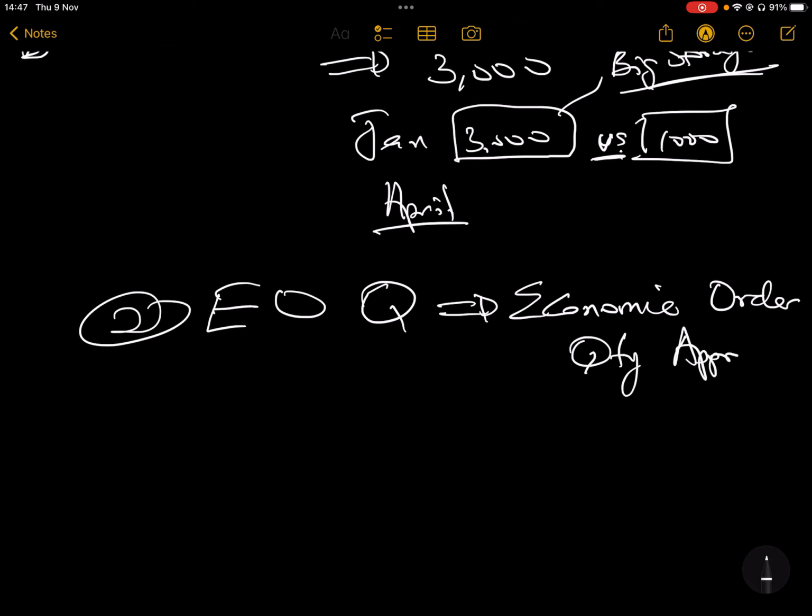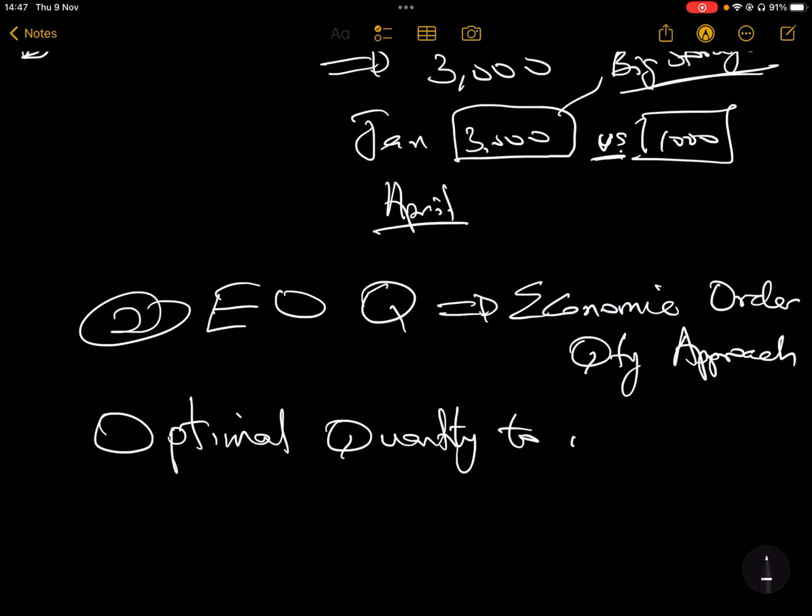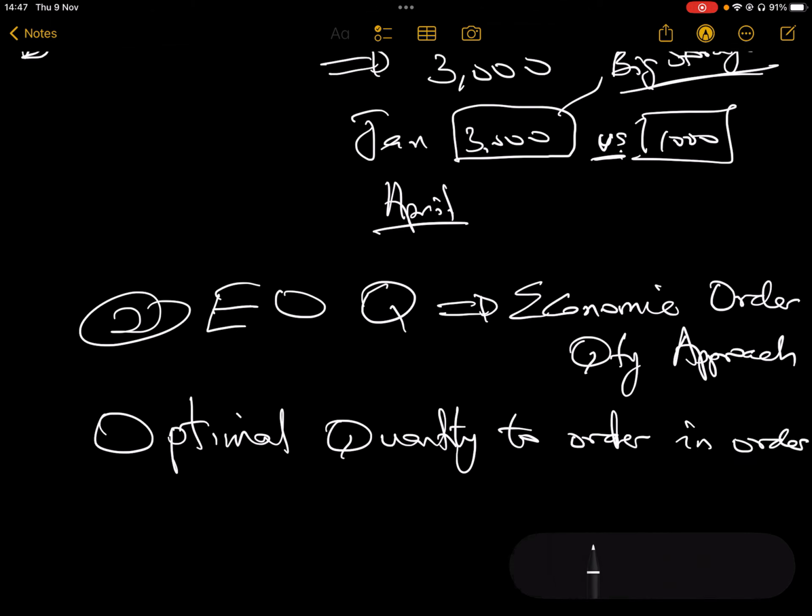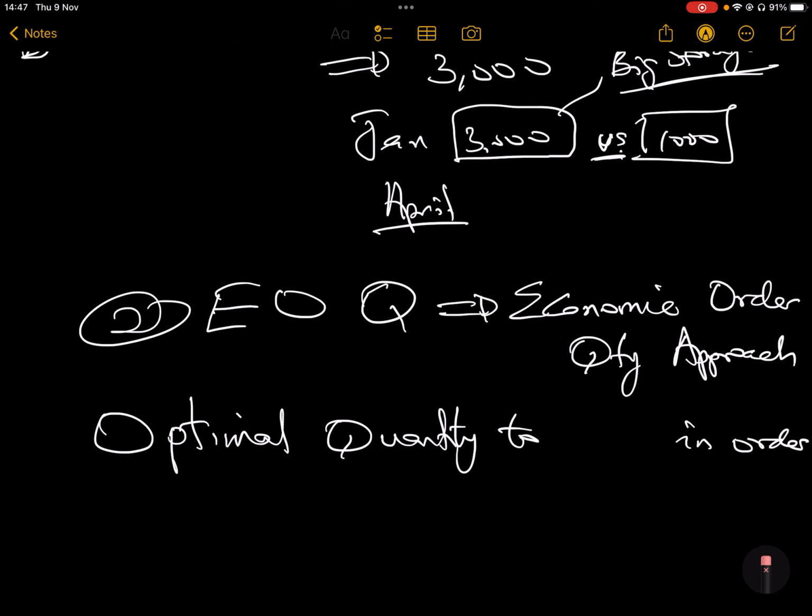And what is this talking about? This just believes that there is an optimal quantity to order. Let me use another word for this so we don't get confused.